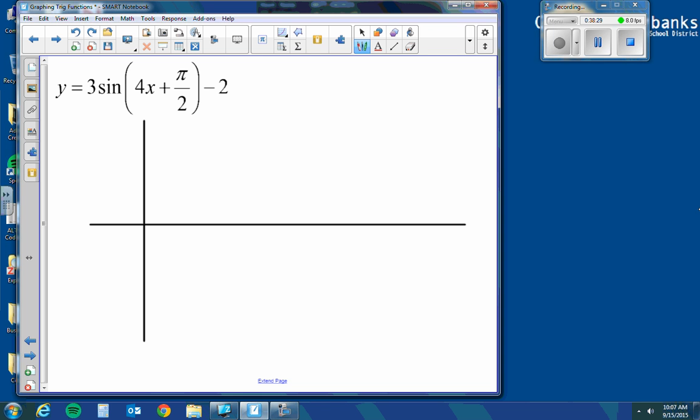And frankly, the horizontal part's the part I really want to talk about. Okay? It combines a horizontal compression with a shift. What goes here?